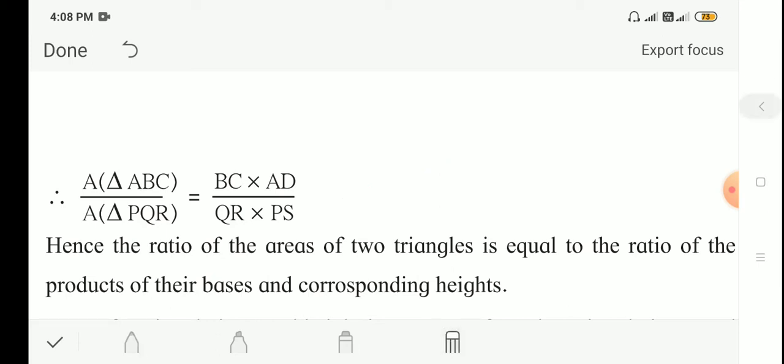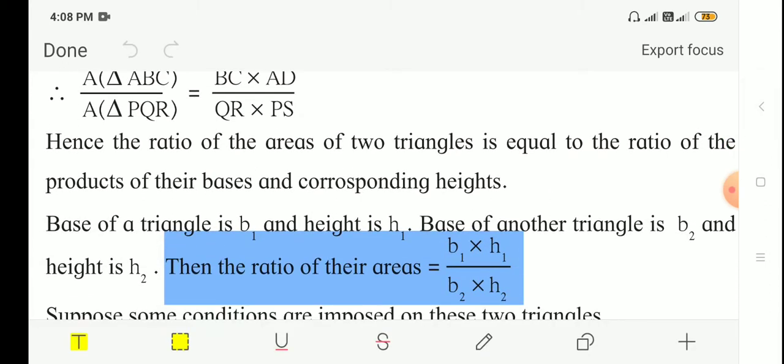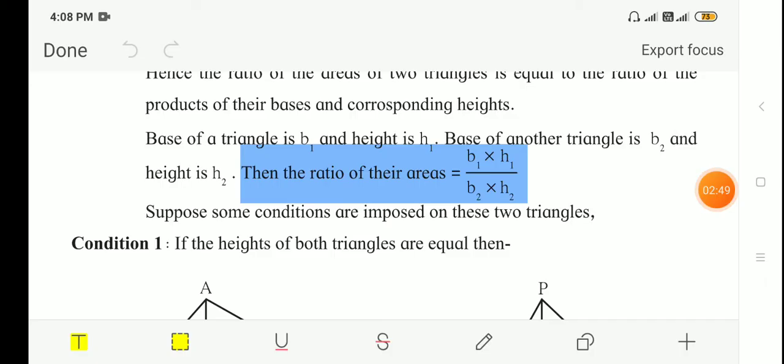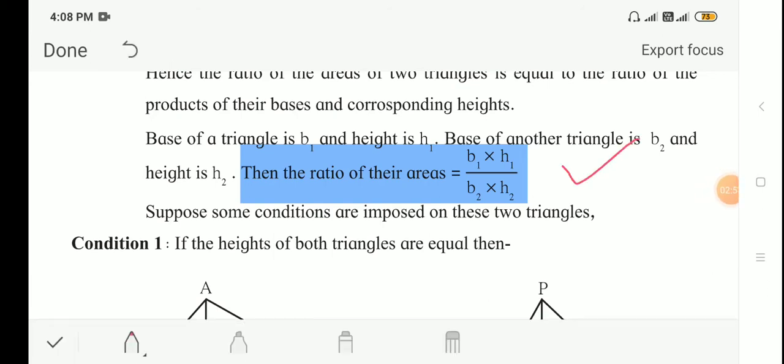That is, BC means B1, AD means H1, QR means B2, PS means H2. B1 H1 means base and height of the first triangle. B2 H2 means base and height of the second triangle. Hence we get the first result, ratio of area of two triangles is equal to B1 into H1 divided by B2 into H2. By using this result we get the first condition.